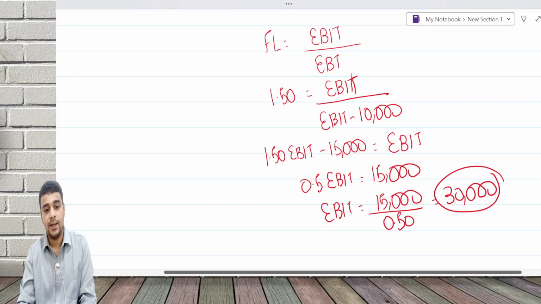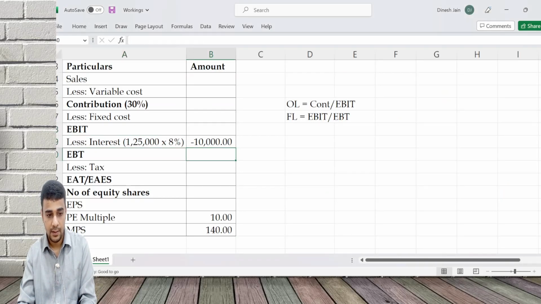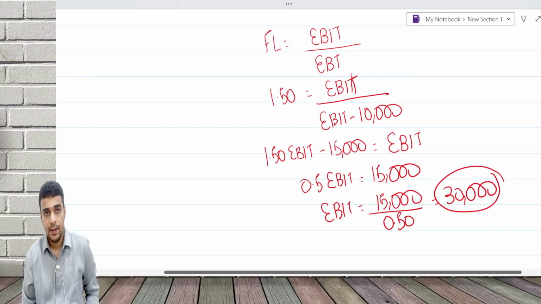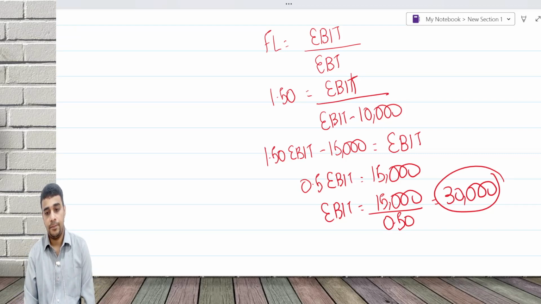EBIT number is 30,000. So I put this 30,000 here. I hope you have noted this. Let me know in case you're still writing this.